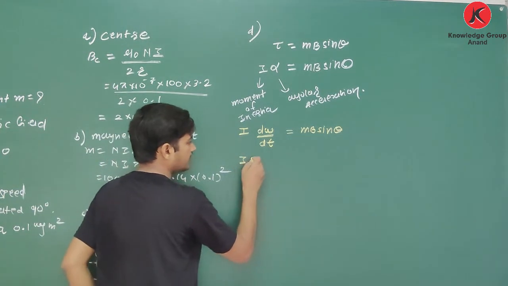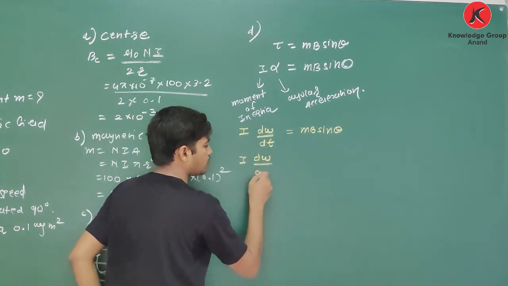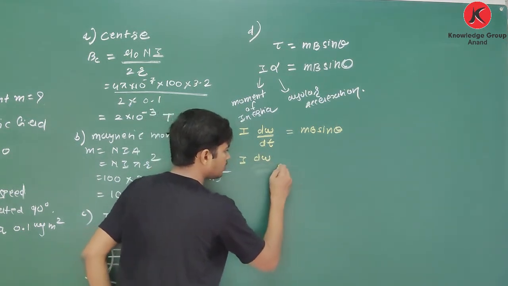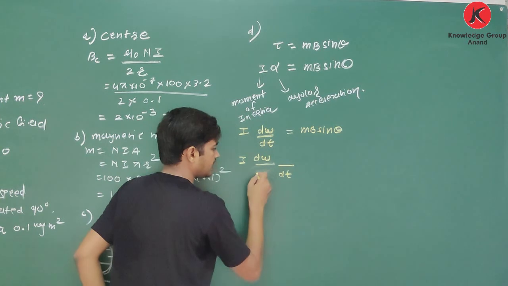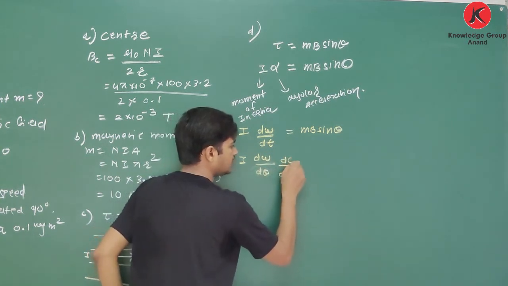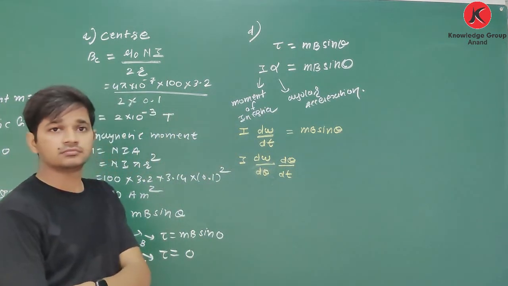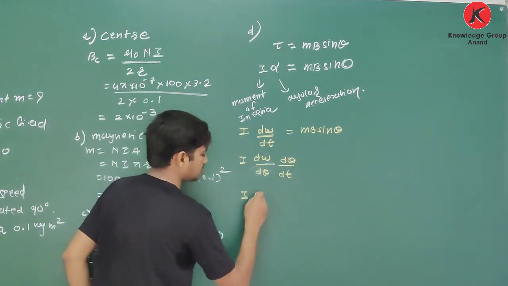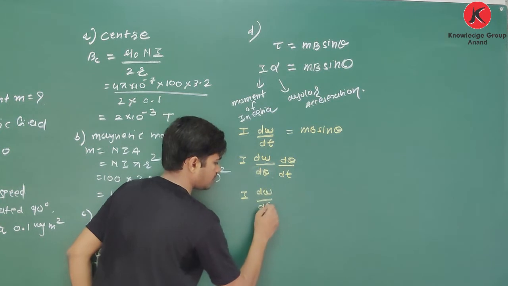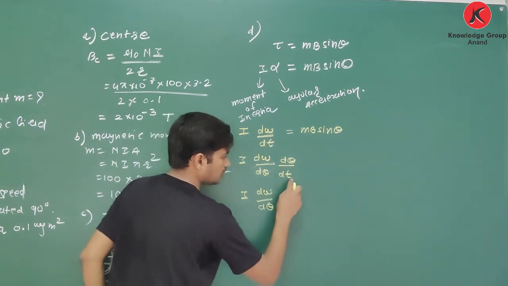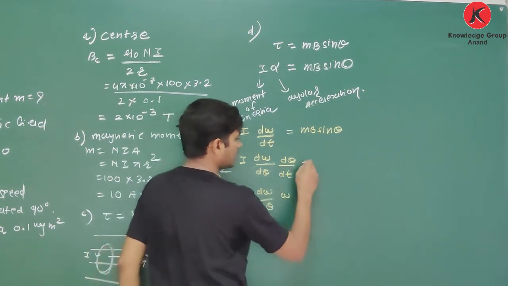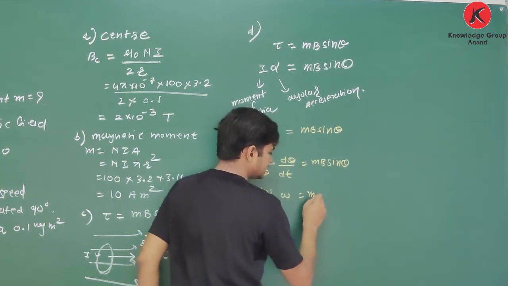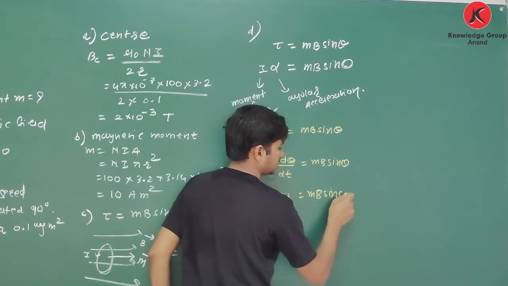Now, the left hand side, d omega upon dt, I can write like this: I am dividing by d theta and multiplying by d theta. Then it is I times d omega upon d theta times d theta upon dt, and d theta upon dt is omega. The right hand side stays as it is, MB sin theta.